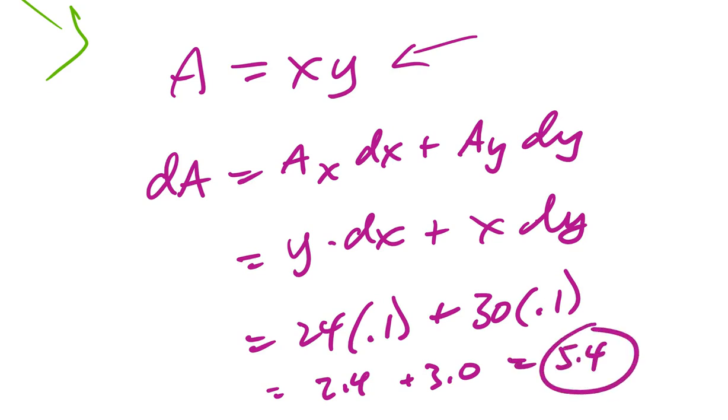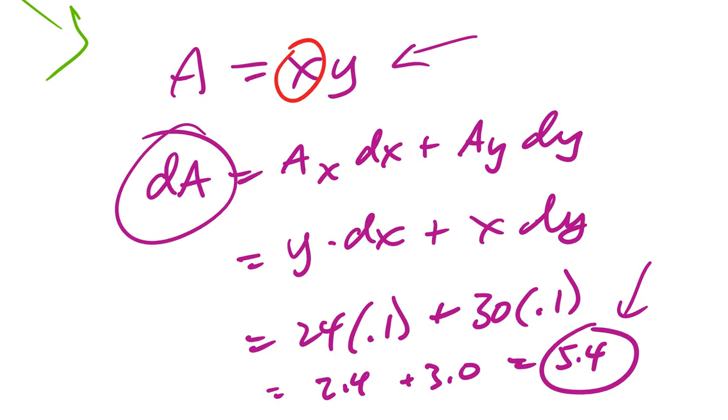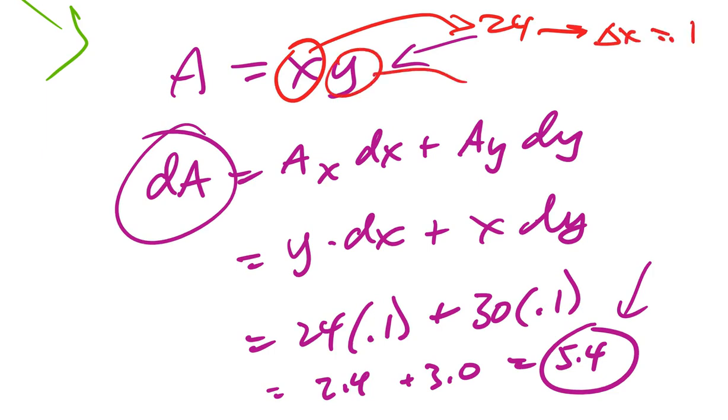All right, so the change in the area would be 5.4 if my x value changed by 0.1, and then my y value from 30, or the other way around, 30 and 24, doesn't matter, it's the same work, by 0.1.